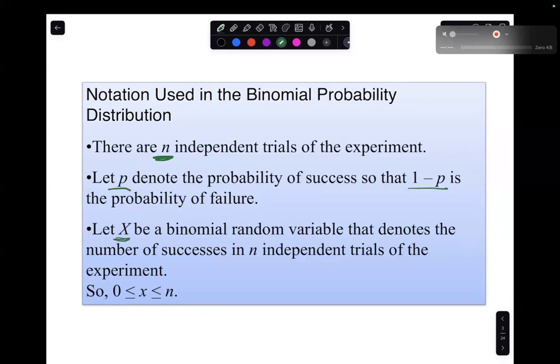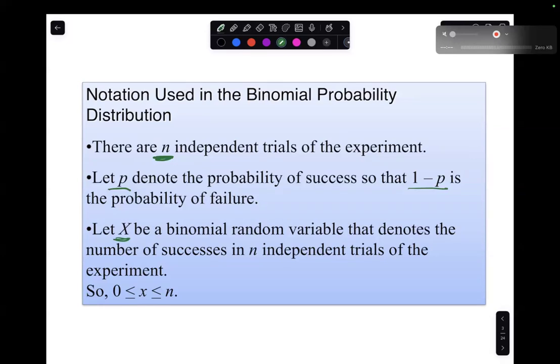The capital X is our binomial random variable. And I'm not going to be mad at you if you use a lowercase x. I'm not going to really notice because lowercase and uppercase look the same. But the capital X is the variable. And so all of the outcomes of the variable would be your X, or success or failure.